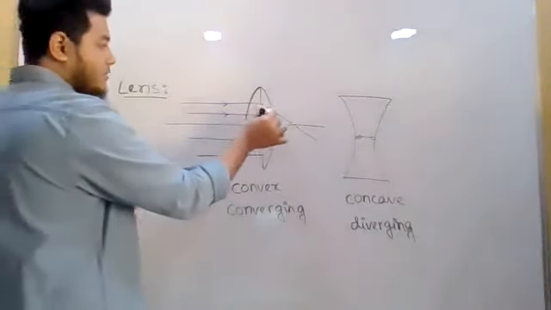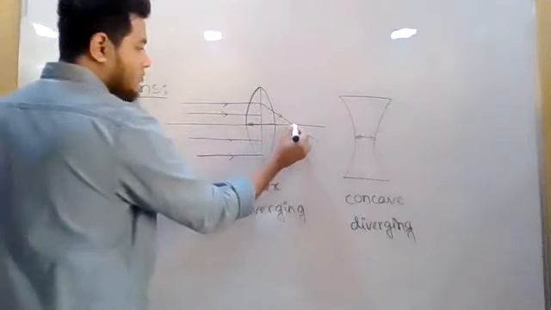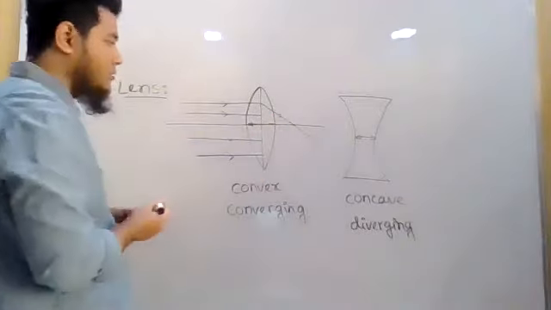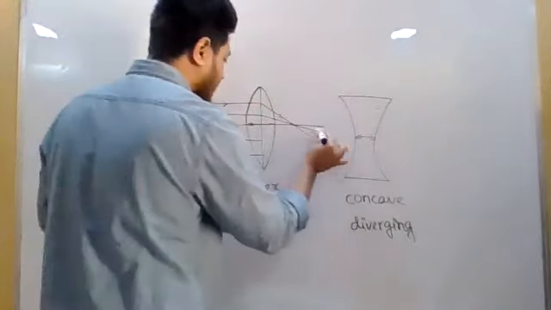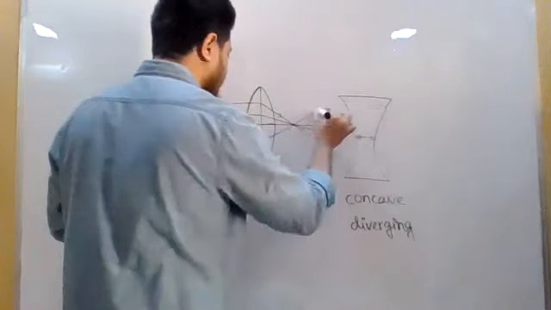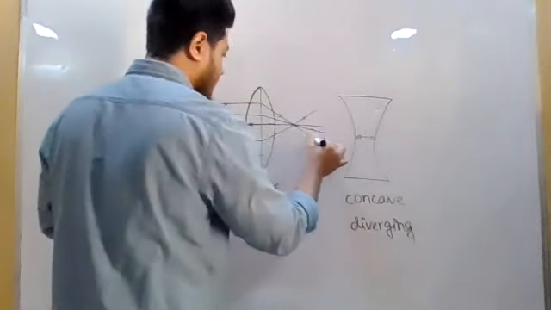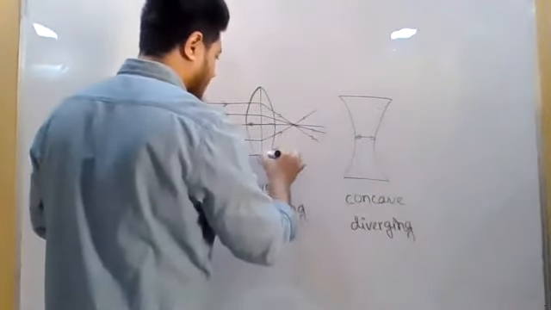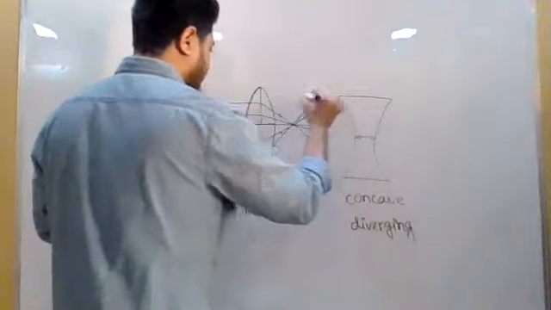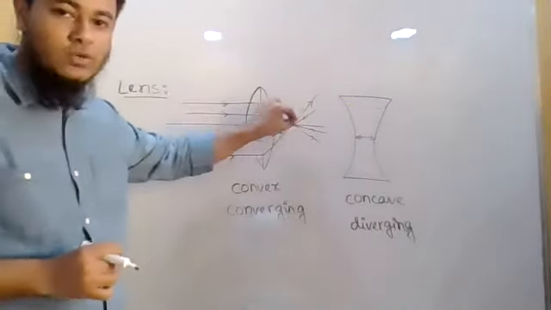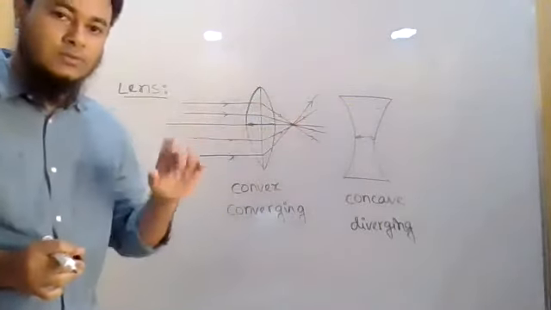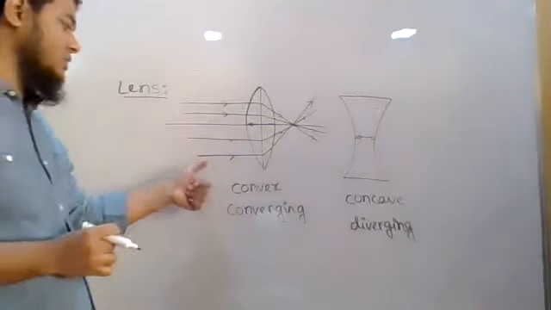So this light ray will change its direction and pass through a particular point on the principal axis. All the rays will do the same. So you can see that all the rays are converging to a certain point. So this is what a convex lens does.